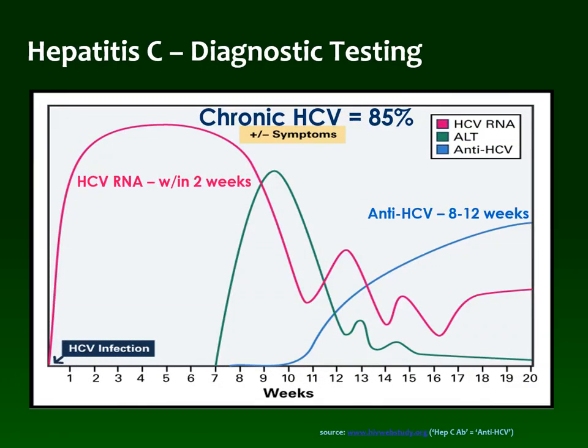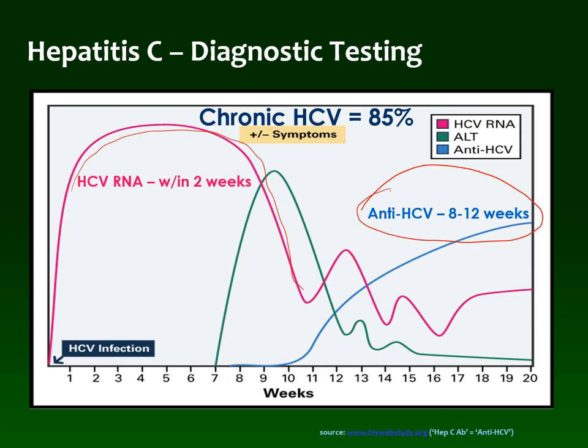Now, for chronic hepatitis C, your HCV RNA remains positive for more than 6 months. Again, your HCV RNA is positive, and that will tell you that the patient is still infected with hepatitis C. Now, I told you earlier that your anti-HCV is not a protective antibody, and this is the reason why.